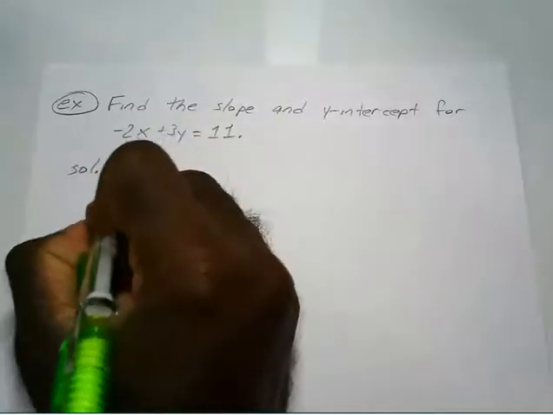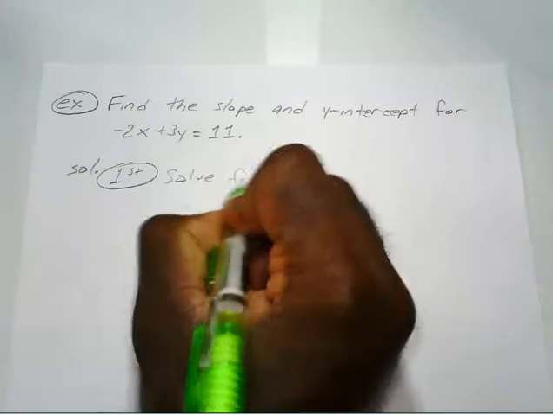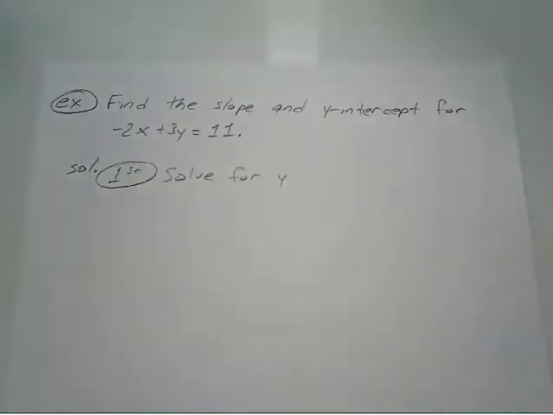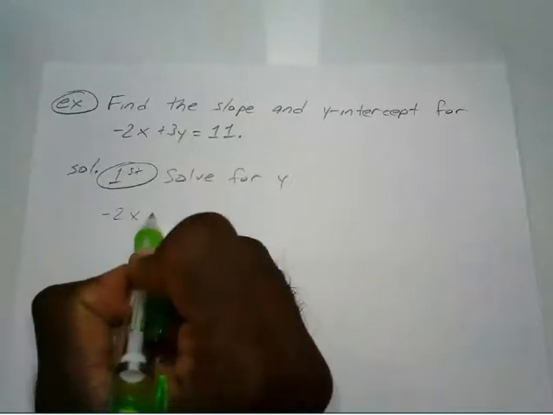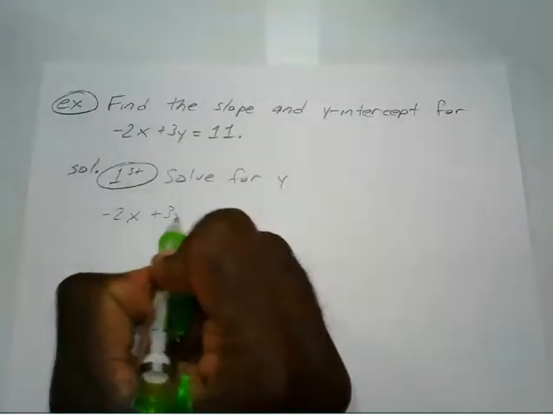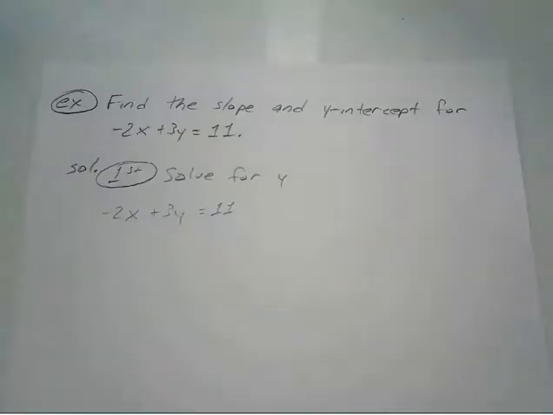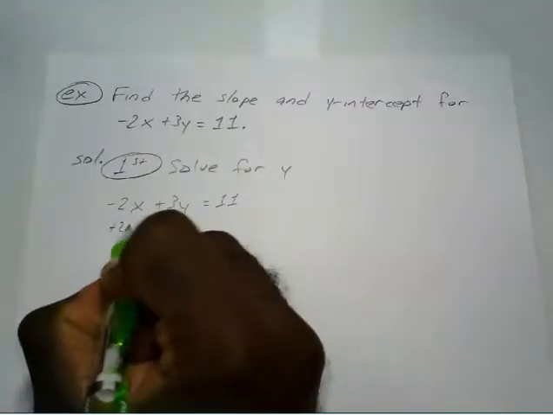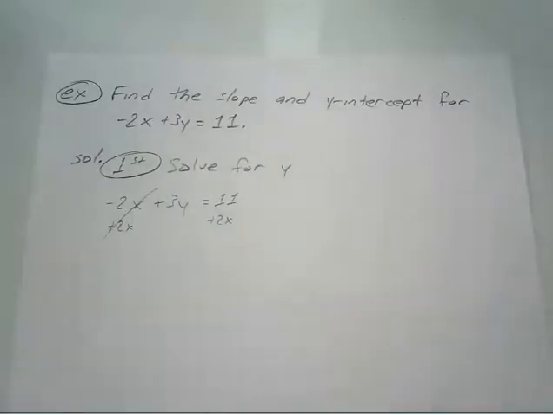So the first thing you have to do is solve for y. All right, so if we have negative 2x plus 3y equals 11, then we go ahead and add 2x to both sides, where that cancels out.